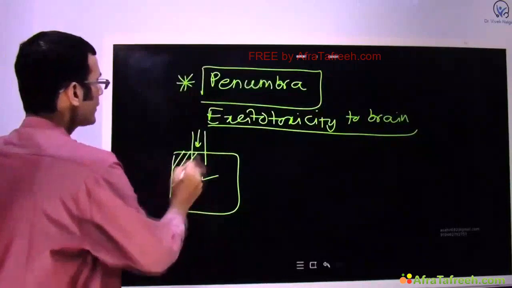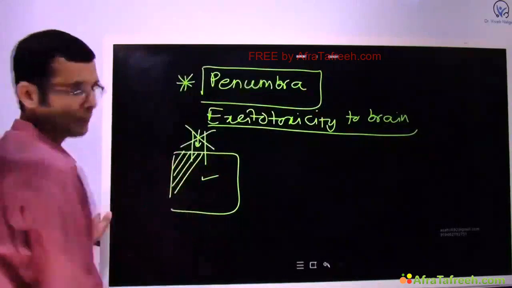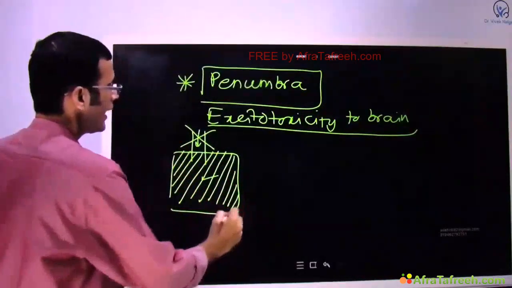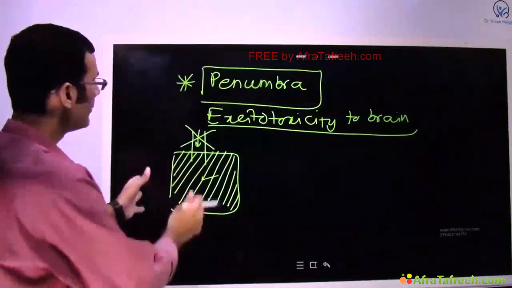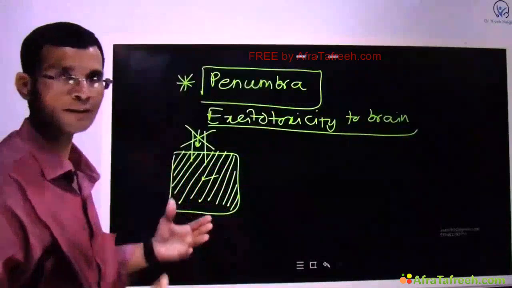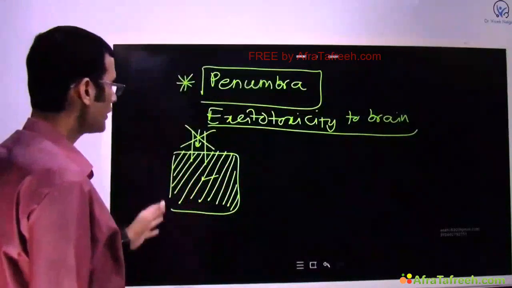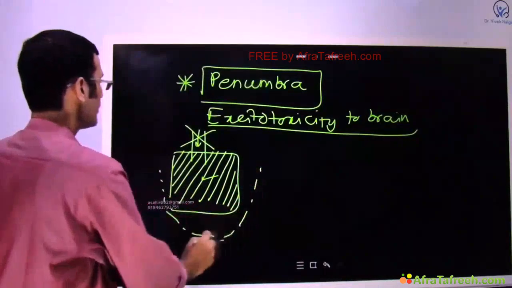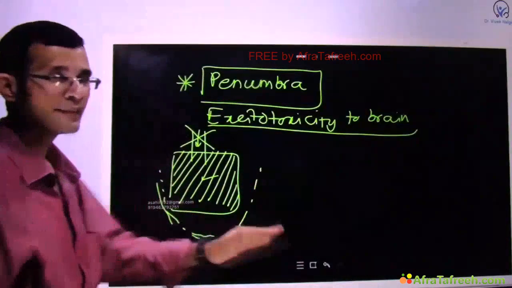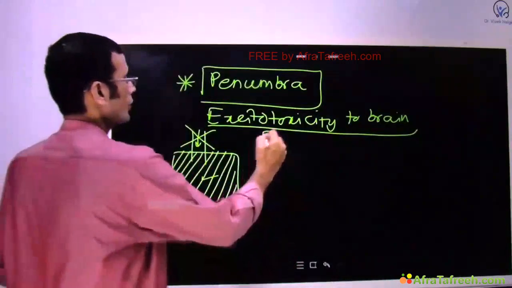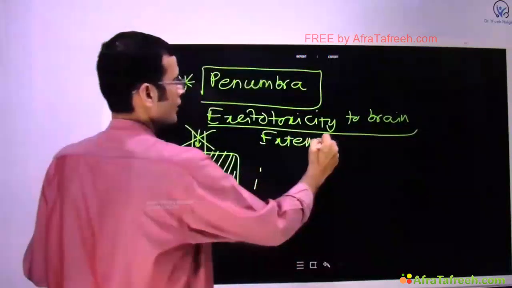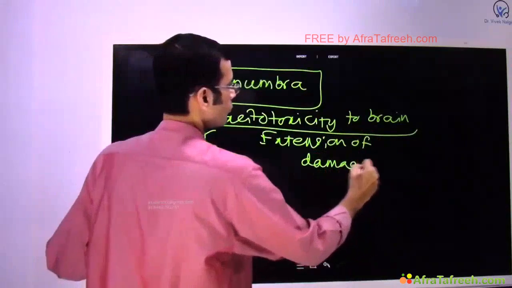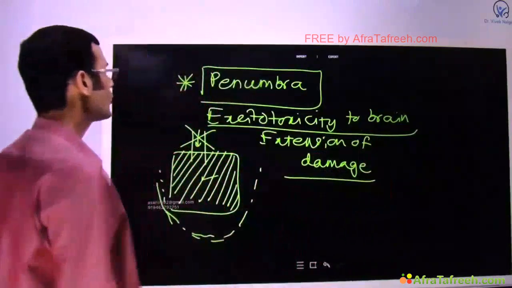We will expect that when the blood vessel is ruptured, there would be cerebral ischemia and infarct which is limited to this region. That is what is expected. But the damage extends in the neighboring regions. This extension of the damage beyond the original ischemic zone is called penumbra.